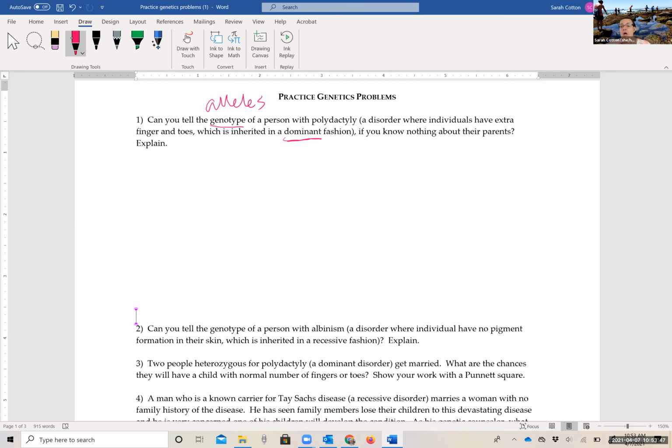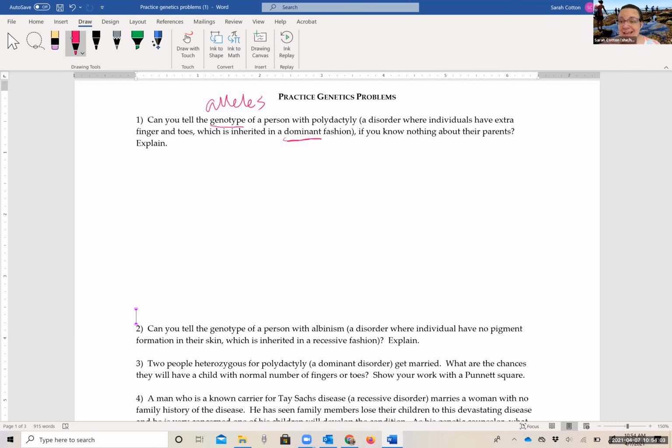Another thing I always like to do is come up with symbols, because that helps me keep track of my thoughts. So maybe let's use F for fingers.